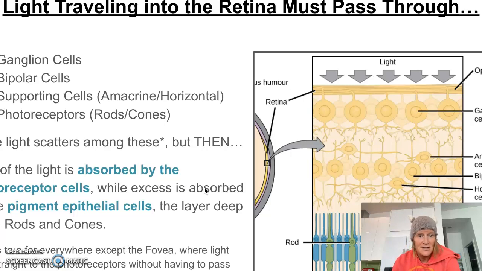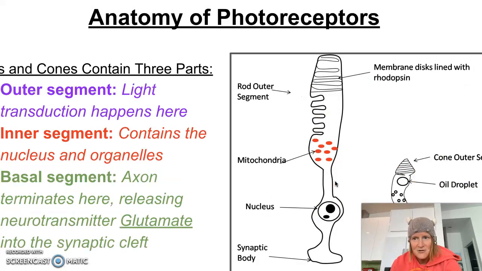All of these other cells that possibly could cause light to scatter a little bit and the picture to be fuzzy don't exist in the fovea. This is the center of our field of vision, and where we can most sharply focus on things. So there's only this layer of the photoreceptor cells, the rods and cones, which we'll talk about right now, in the fovea. But in the rest of the retina, they have to pass through all of those layers.